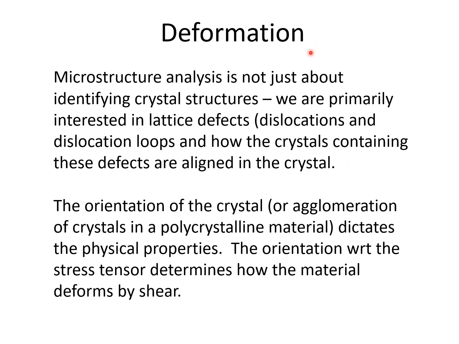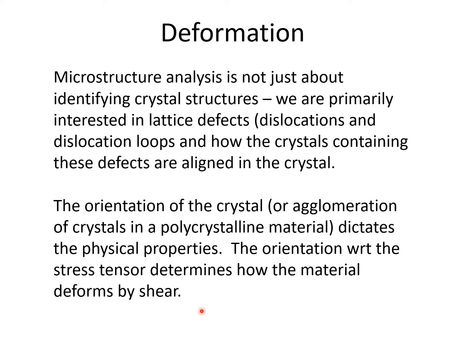But defects which are introduced into a material by thermomechanical processing during manufacture or during testing or by irradiation, these also affect the properties. And the way in which the defects are introduced is dependent on the crystal structure, so they're interlinked to some extent.